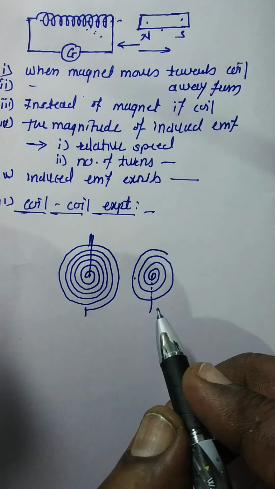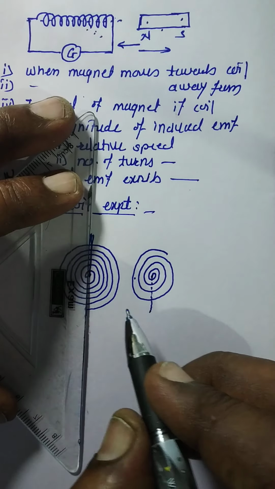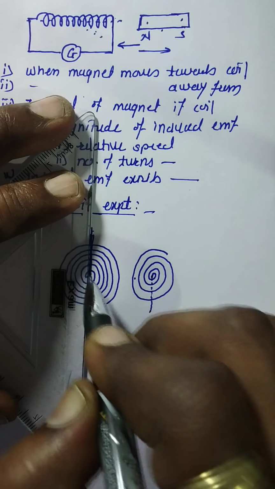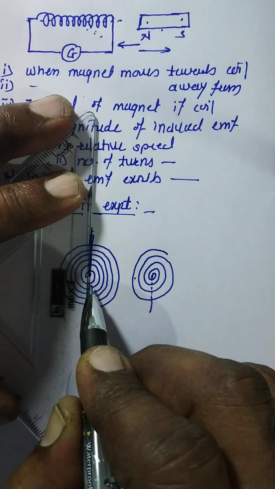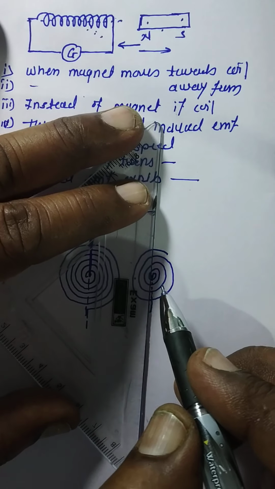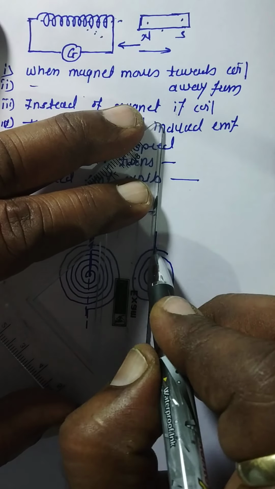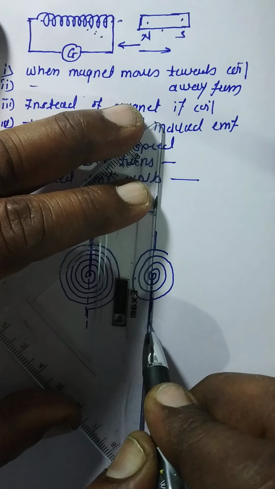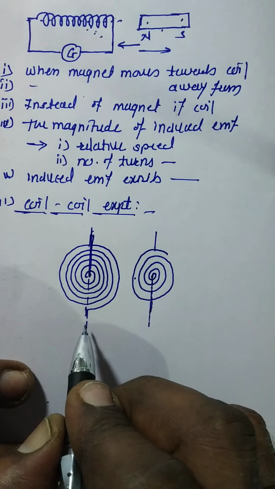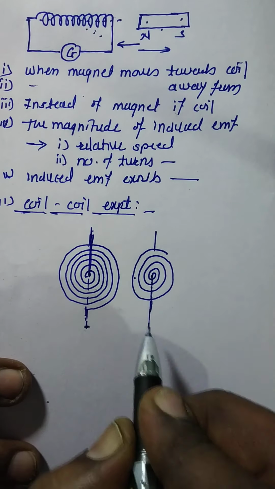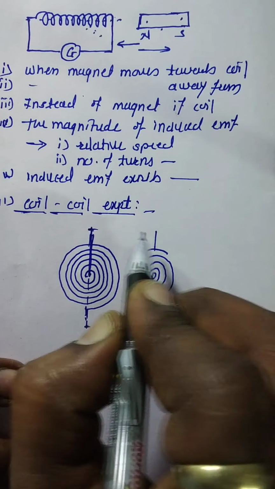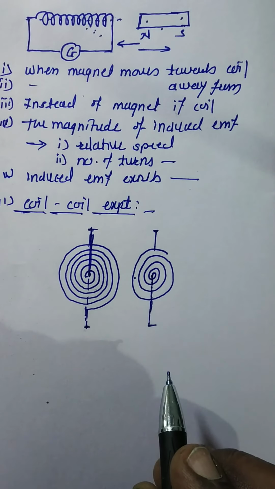Experimental arrangement consists of two coils placed with their planes parallel with each other.